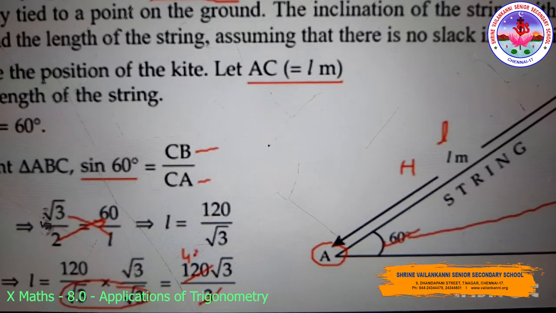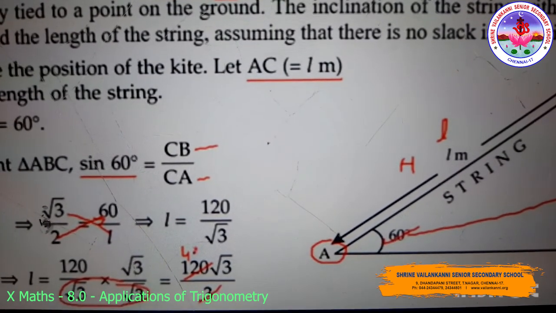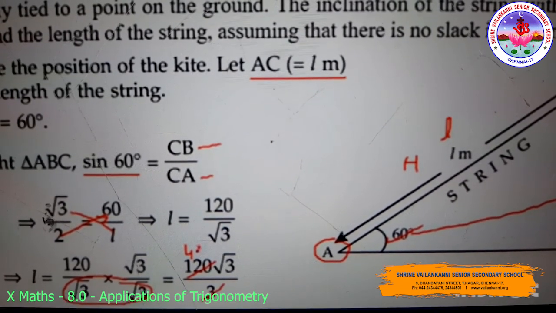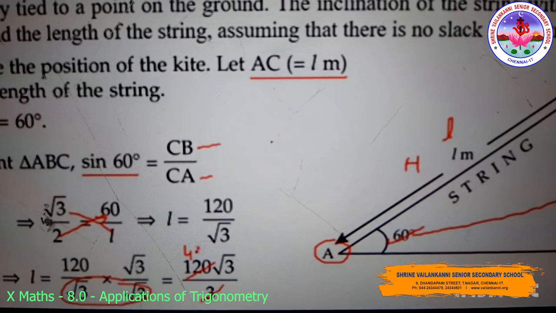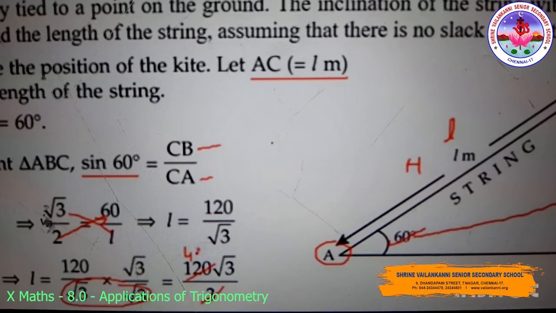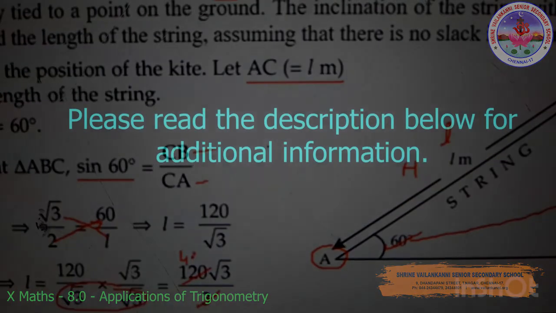So sin 60 has a value root 3 by 2, which is equal to 60 by L. Cross multiplying, we get L is equal to 120 divided by root 3. So rationalizing the denominator, I will be getting L is equal to 120 root 3 by 3, which is equal to 40 root 3. Hence, the length of the string AC is equal to 40 root 3 meters.